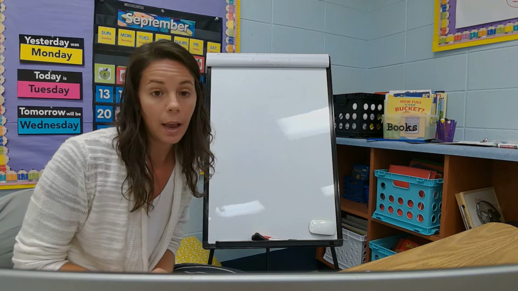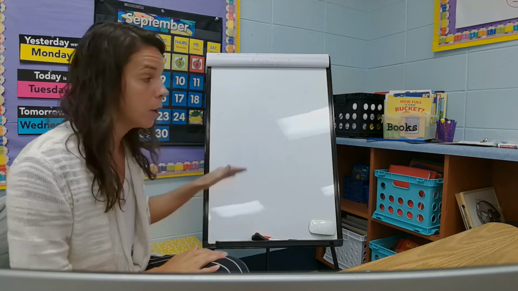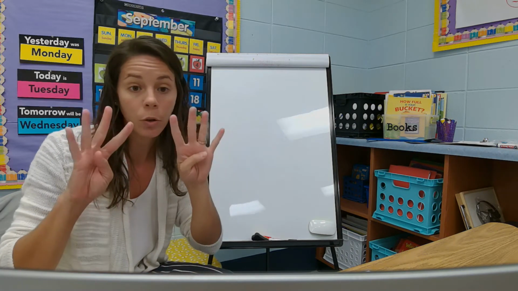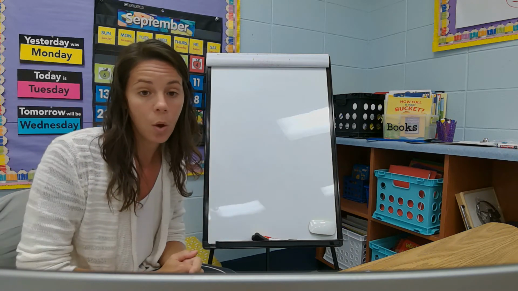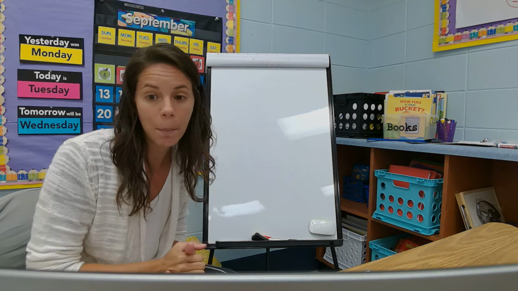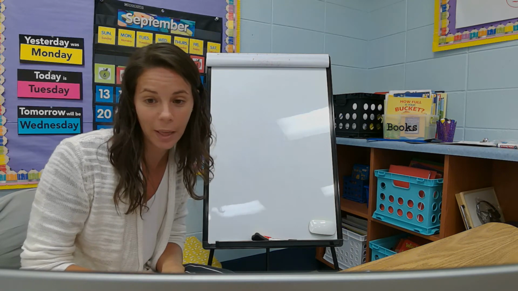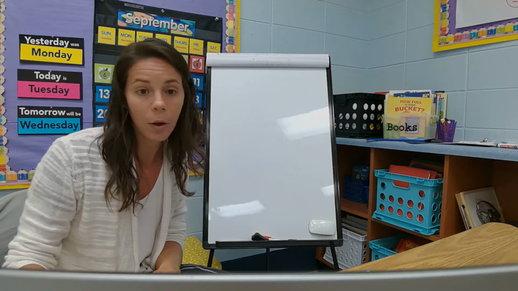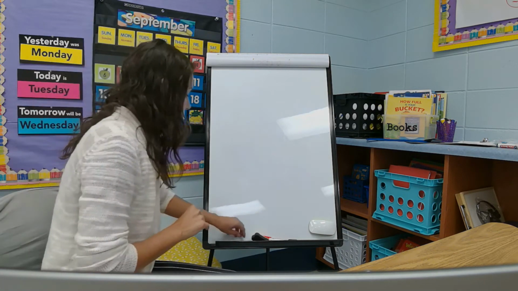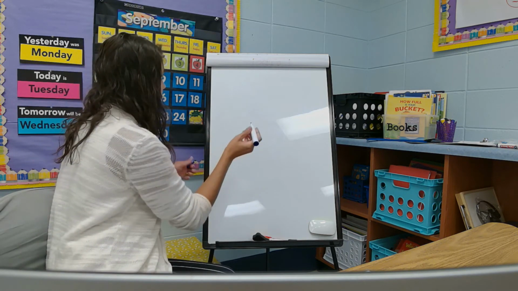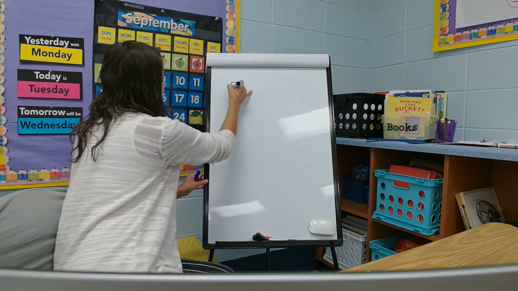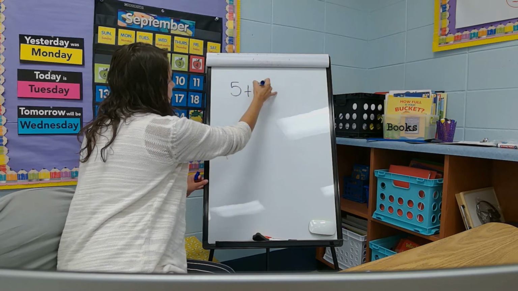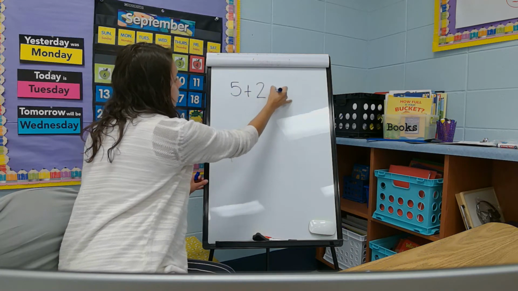So you can say, I tried, and maybe you used a picture, okay? Maybe you used your fingers, or maybe you used that number line that we were practicing with, okay? So I want you to be able to explain how you got that answer. Here's our first question. Let's do 5 plus 2.